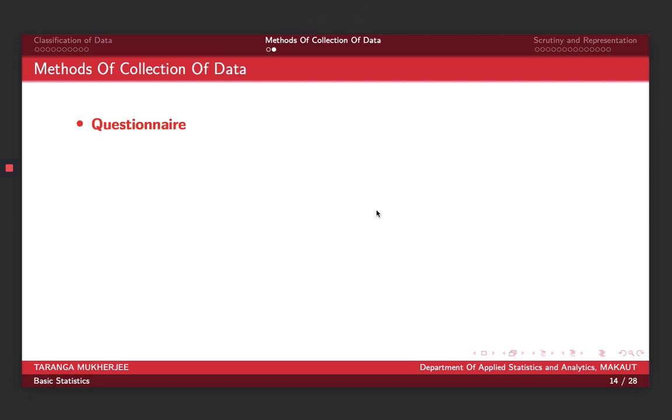The first thing we have to prepare is a questionnaire. A questionnaire means a few questions. The questions would be designed in such a way that we will get all the answers regarding our query.